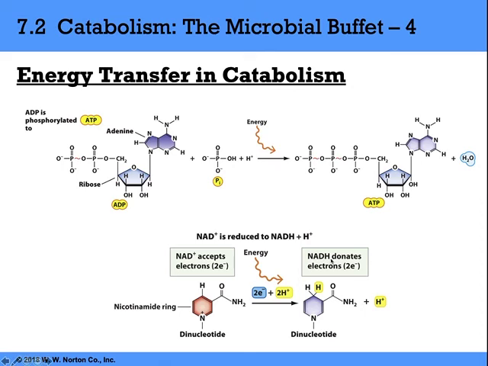Okay, so an easy way to do this, all right, is if you're looking at an organic molecule and you want to know which one has the most chemical potential energy, you just count the number of carbon-hydrogen bonds, okay?